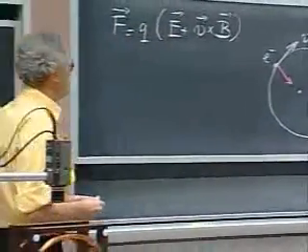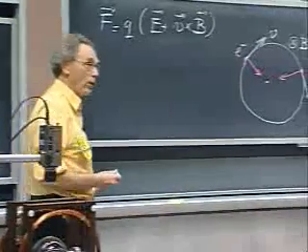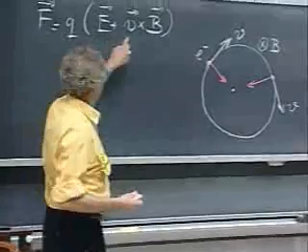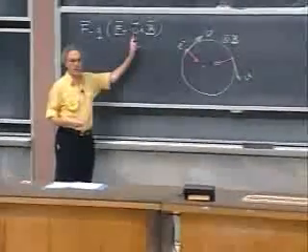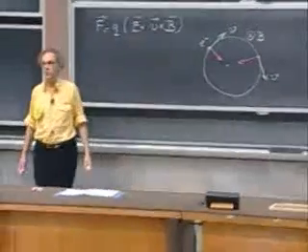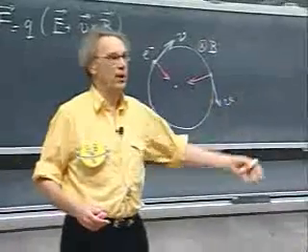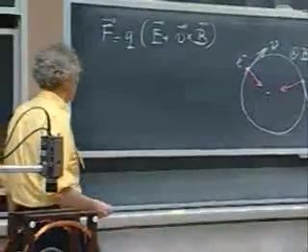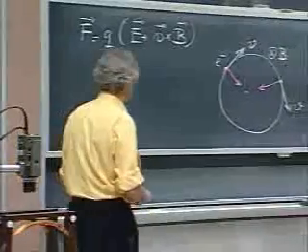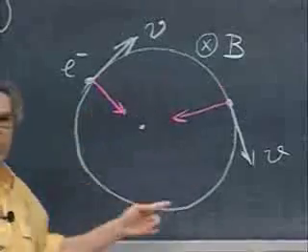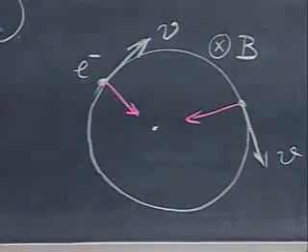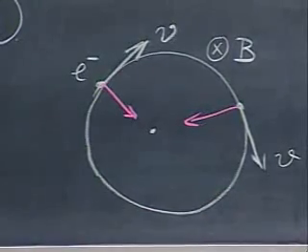The force cannot do any work, cannot change the kinetic energy, because F is always perpendicular to the plane through V and B, because it's a cross product. And since the force is always perpendicular to the velocity, you cannot change the kinetic energy because you're never doing any work. The only thing that the force is doing is make it go around. It changes the direction of the velocity. It doesn't change the magnitude of the velocity. It doesn't change the speed.